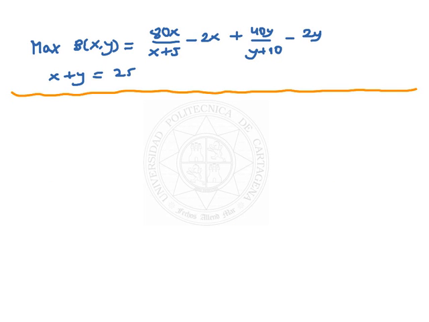I work out in the restriction the variable y, for example, and I have y equals 25 minus x.